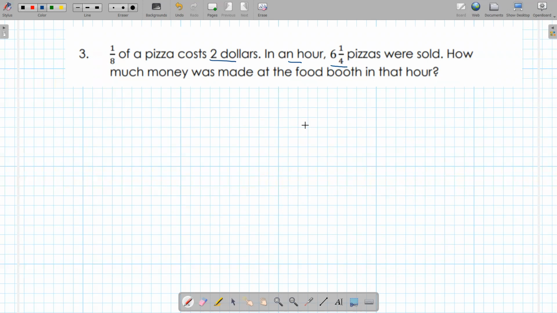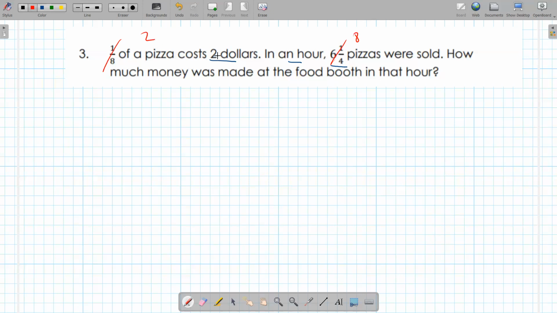No, the other way around. Like again, if you're not sure, just put, if 2 pizzas cost $2, how much would 8 pizzas cost? 16. I'm confused.